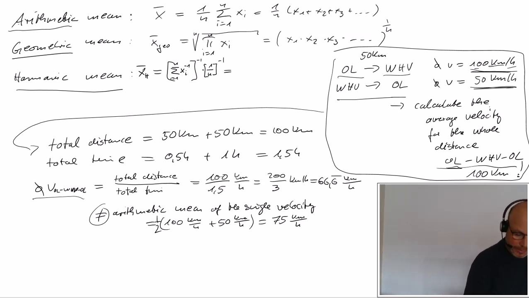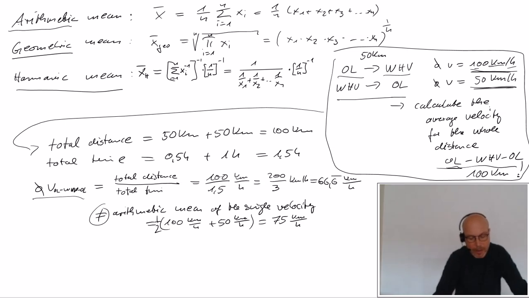Or this is then the same as 1 over 1 over x1 plus 1 over x2 plus ... plus 1 over xn, times 1 over n, to the power of minus 1.